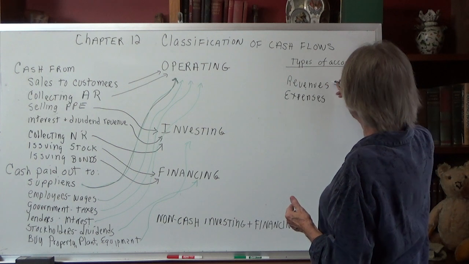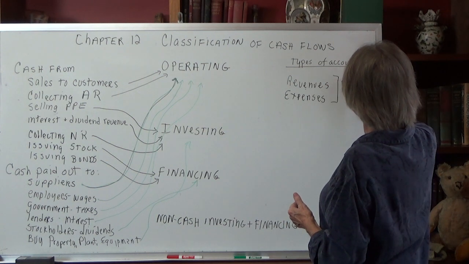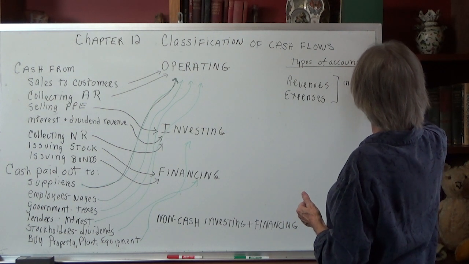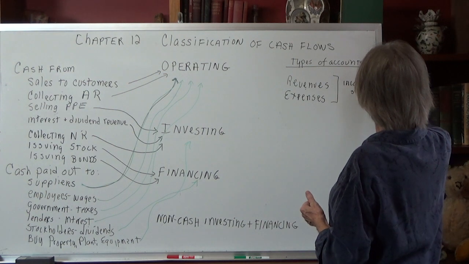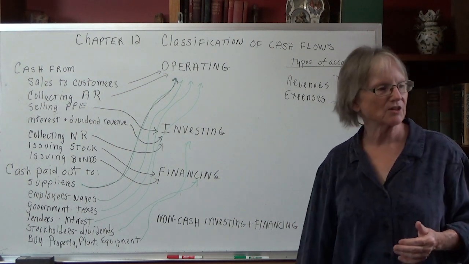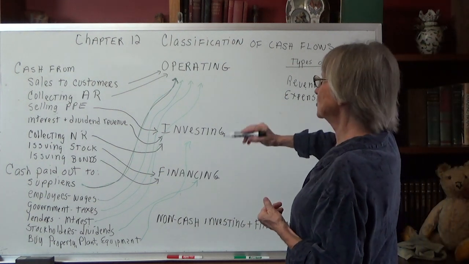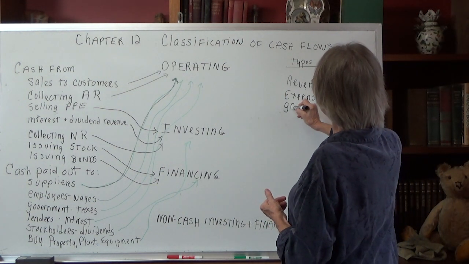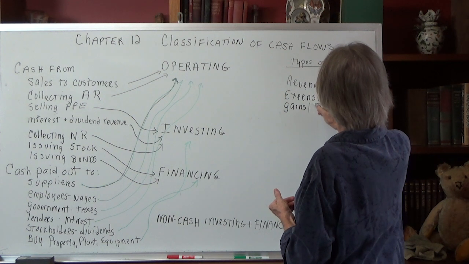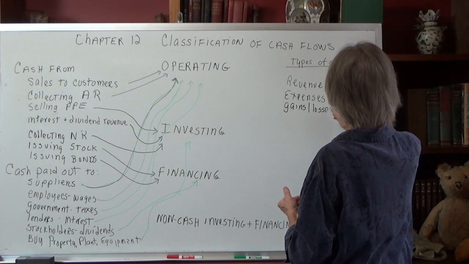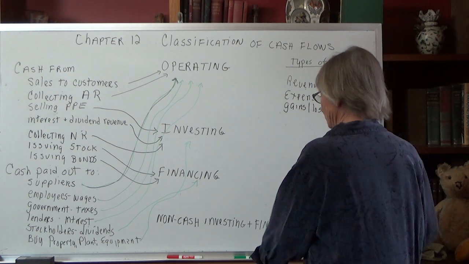So if there's an account that's on the income statement, that's going to be landing in the operating section, okay? And also, and they're not really shown here, but also gains and losses. And those also from the income statement.